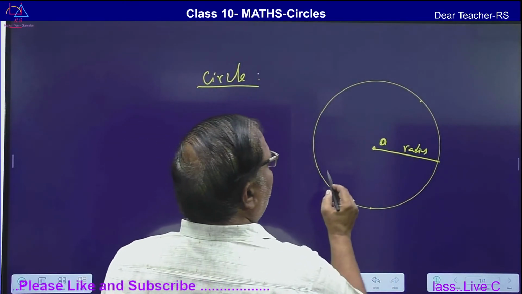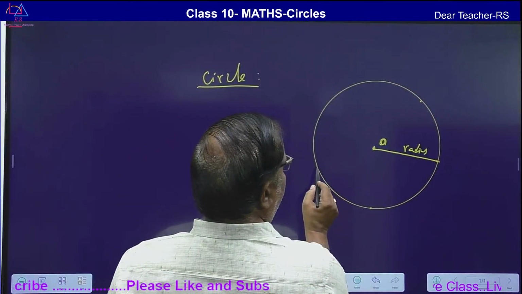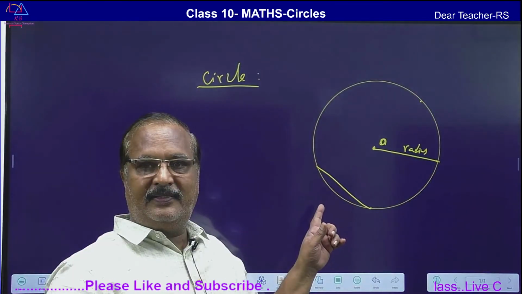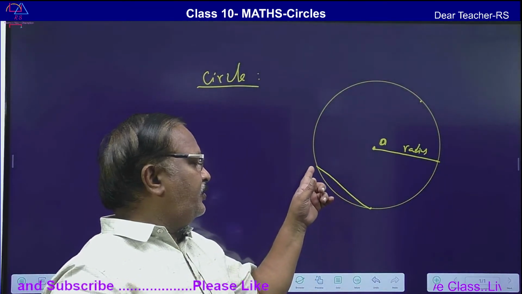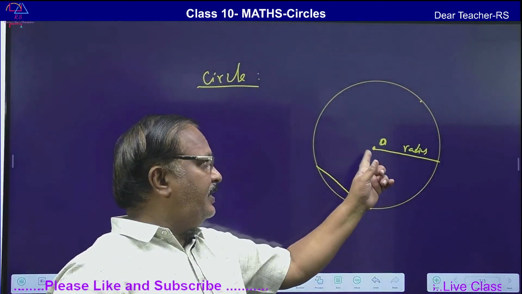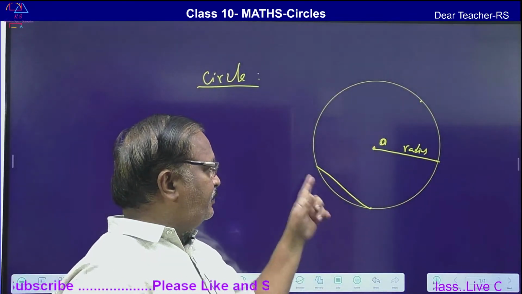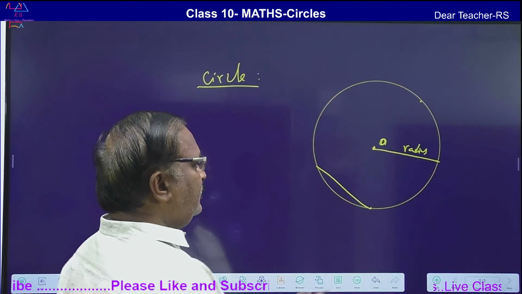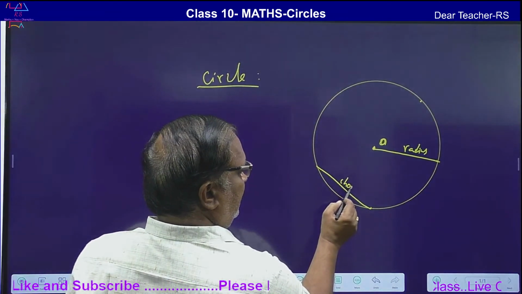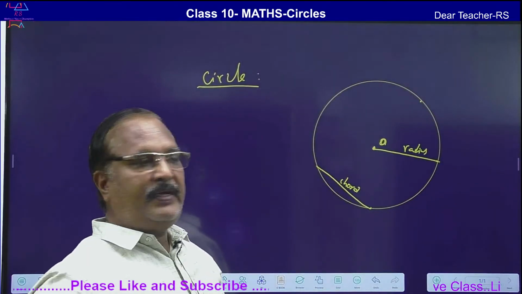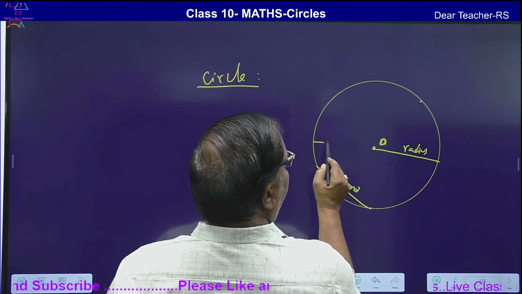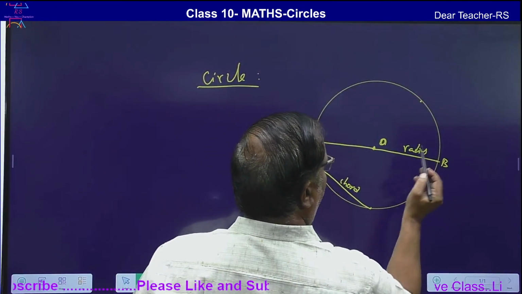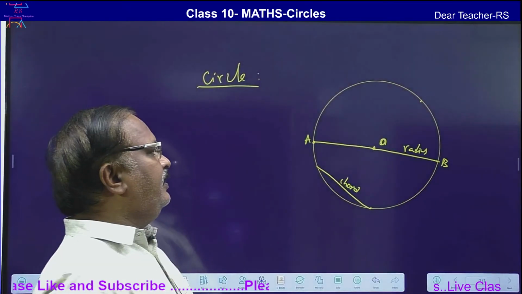If you join 2 points on the circle, you will get a chord. Radius is only center to point, and this is point to point. Both points should be on the circle. So we call this a chord. If you extend this radius, you will also get a chord.